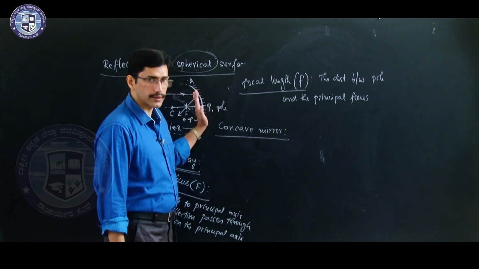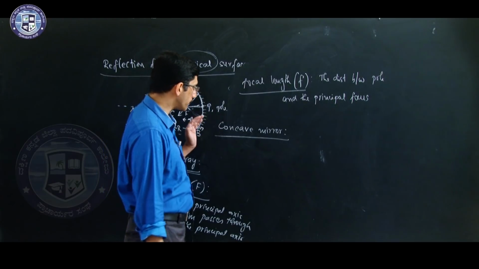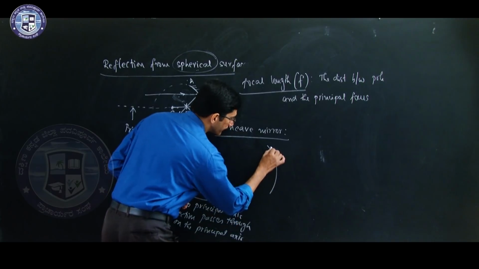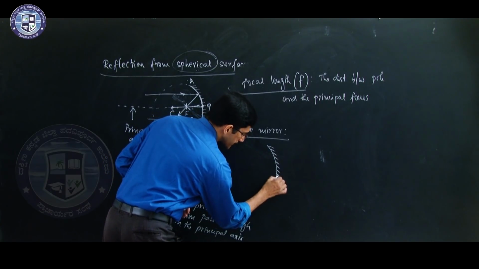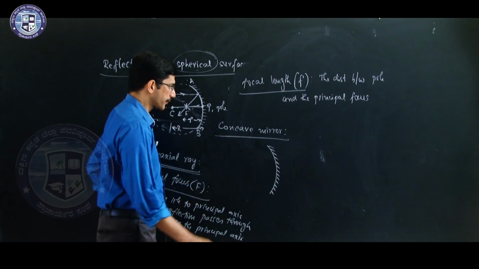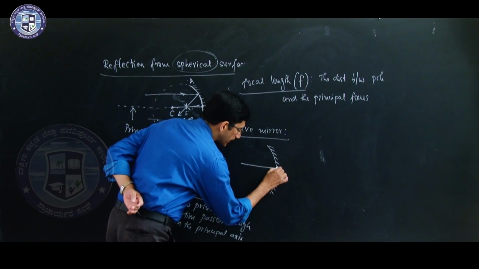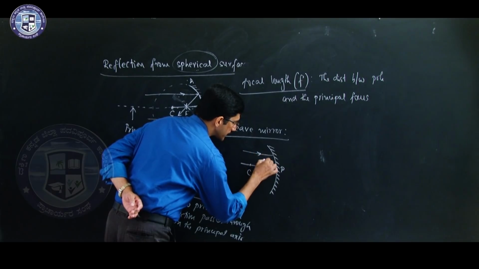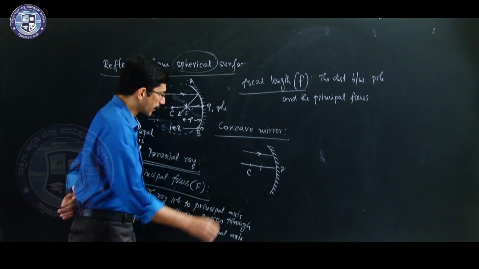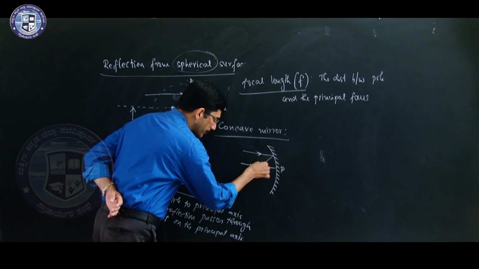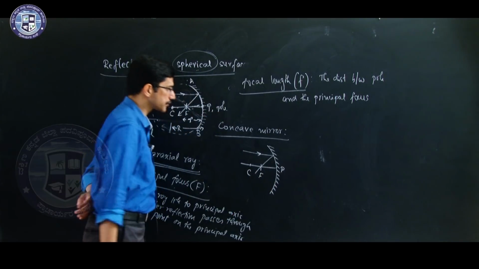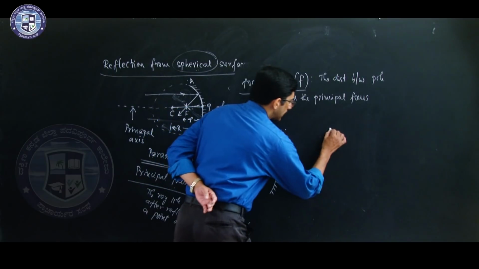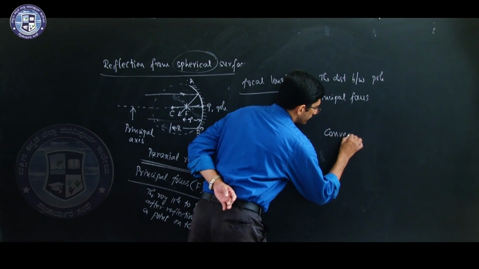Similarly, just to know the difference between the concave mirror and the convex mirror: in the case of the concave mirror, the outer surface is polished and the reflection takes place from the inner surface. The ray parallel to the principal axis passes through a point that is nothing but the principal focus. Now I will consider the convex mirror.